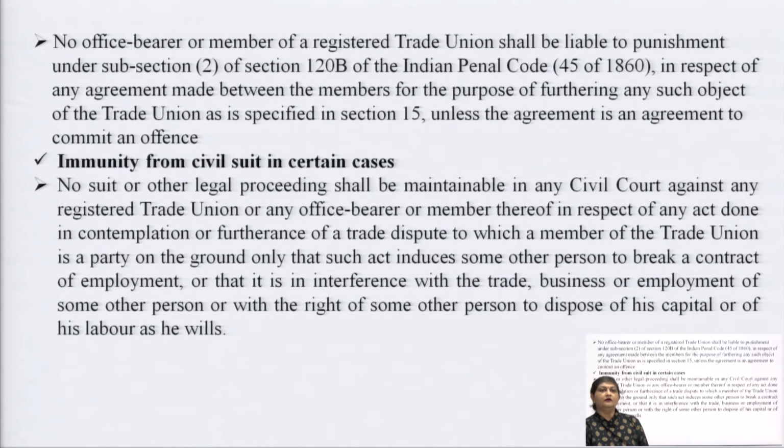Now, no office bearer or member of a registered trade union shall be liable to punishment under subsection 2 of section 120B of the Indian Penal Code, 45 of 1860, in respect of any agreement made between the members for the purpose of furthering any such object of the trade union as is specified in section 15, unless the agreement is an agreement to commit an offence.